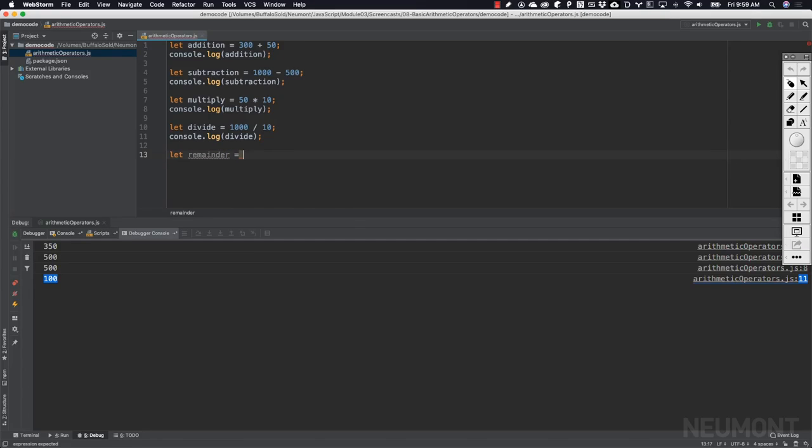So let's go ahead and do this. Remainder equals, let's do something so we can see a remainder. Let's do 35 divided by 2, and if we send that out to our console, we should see the remainder of that division. Oh, I used our good old divide. So if we look right down here, we'll see 17.5 is how many times 2 goes into 35.